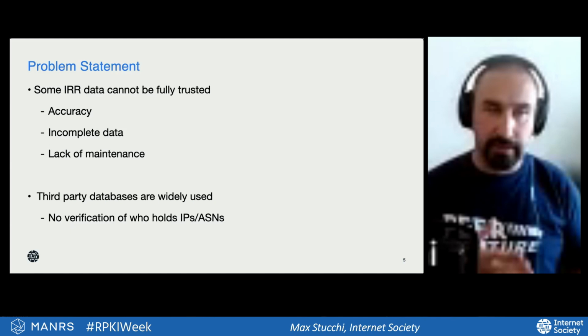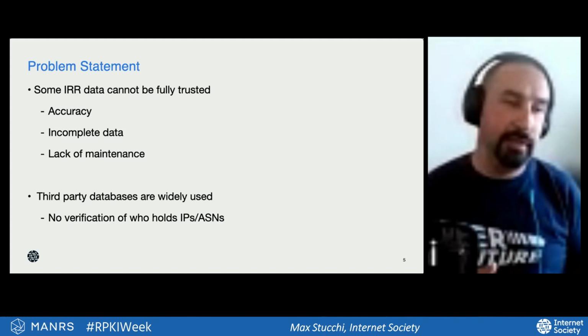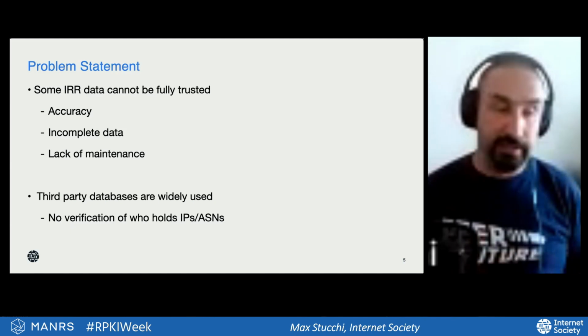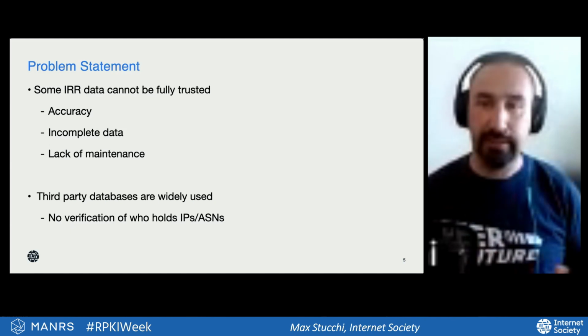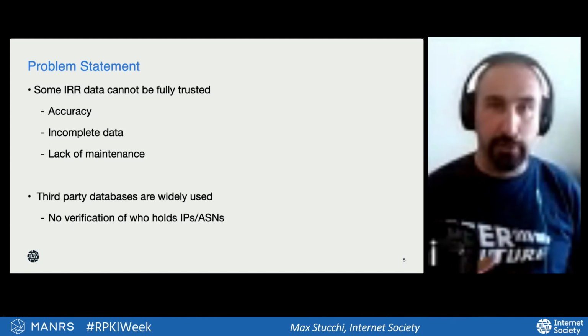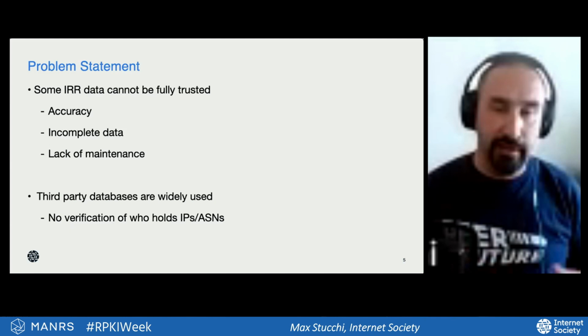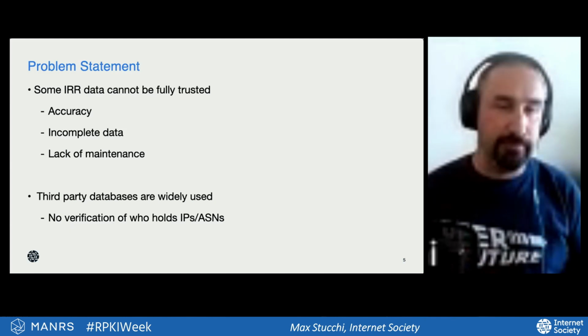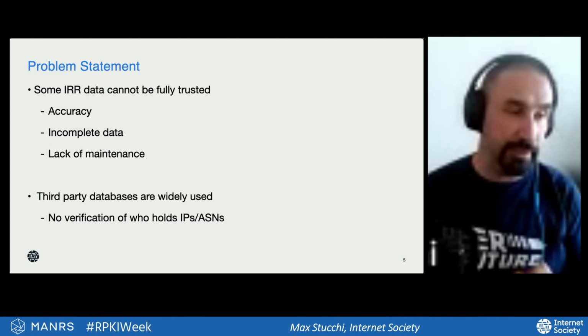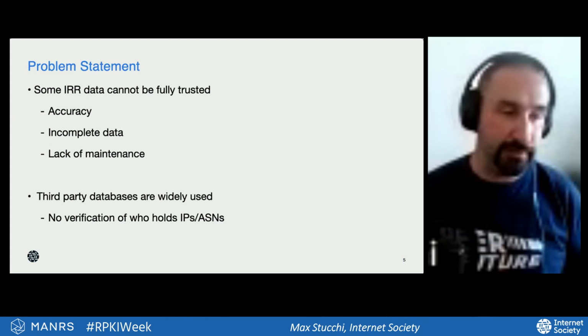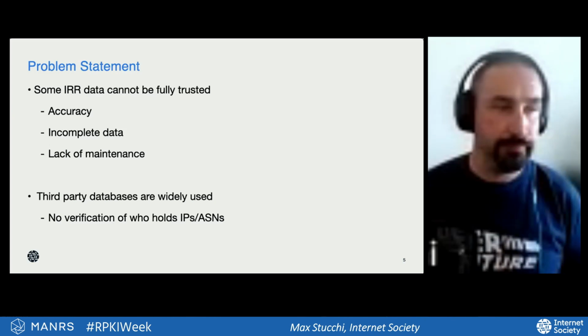So there are different levels of verification depending on which database you're using. But RADB, ALTDB, these so-called third-party databases, again, have a real hard time validating who is the legitimate holder of IP addresses and autonomous system numbers.